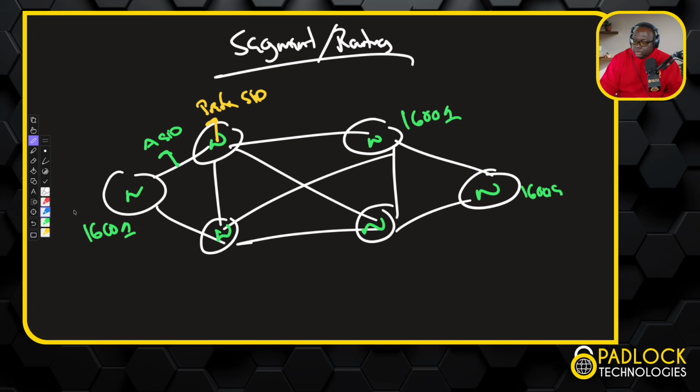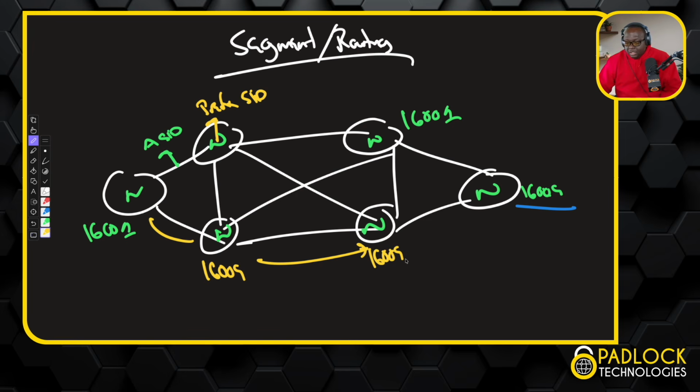So to get to 16009, everybody in this SR domain has the label of 6009. So as it travels through, it swaps it, but the number doesn't change. So you would think it's not swapping anything. When it gets to this router, it's going to swap it with 6009, and then when it gets to this one, it's going to swap it with 6009.